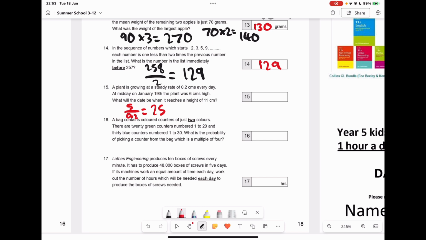So now we have to add 25 days onto the 19th of January. So we know that January has 31 days. So first we can do 31 minus the 19. So 31 minus 19 is 12. So that's 12 out of the 25. So then 25 minus 12 is 13. So the answer will be the 13th of February.